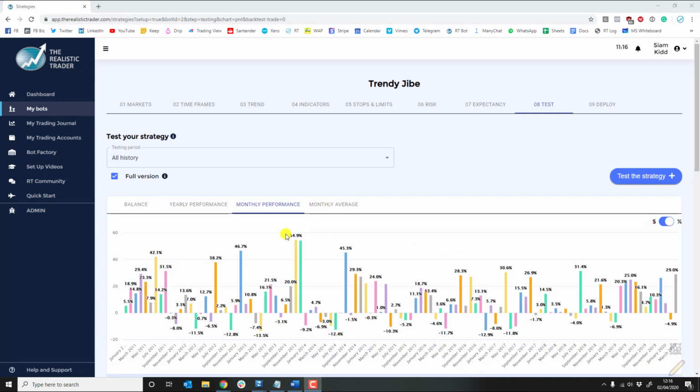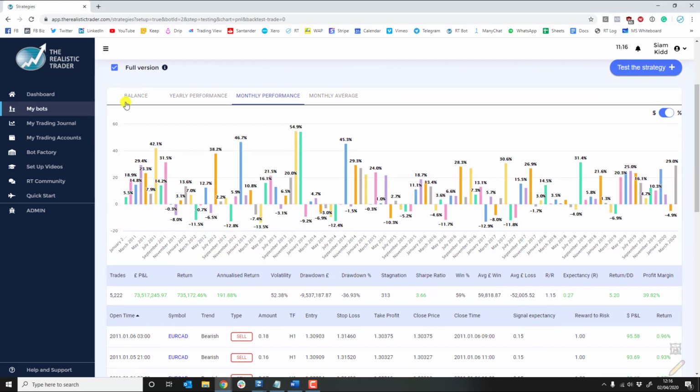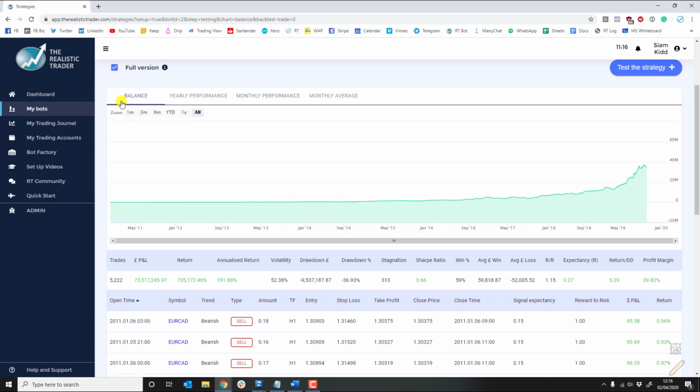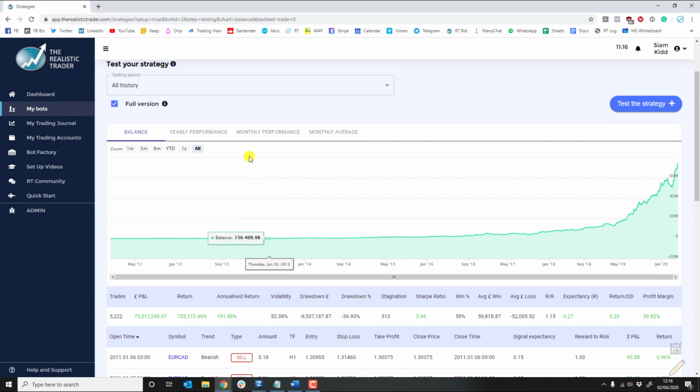Okay, it's done its simulation, and there we go. So now a few things here. I would always ignore this balance thing, because when you're doing these back tests, it's going to show you some absolute rubbish. By the way, past performance is not an indicator of future performance.